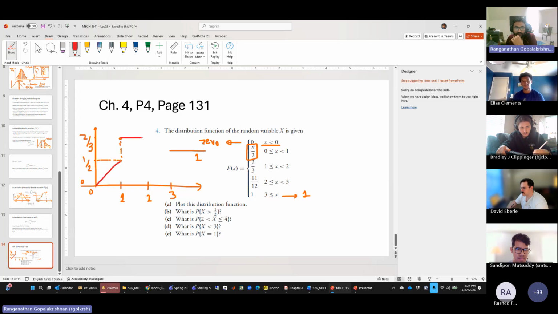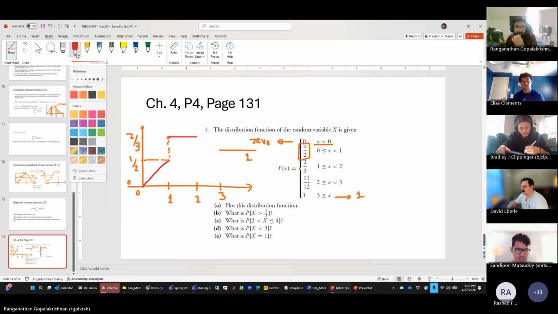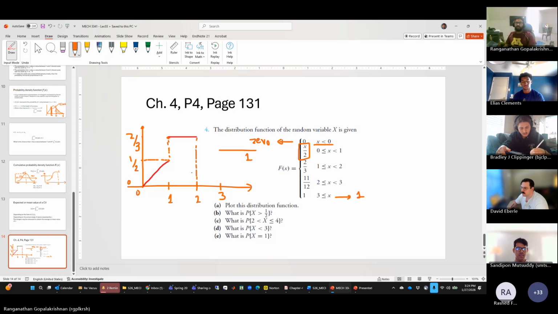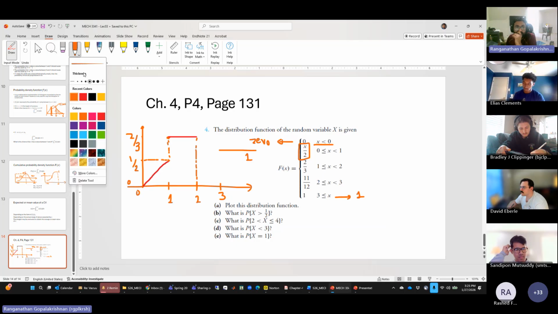And it stays at 2/3 until 2. And between 2 and 3, it stays at 11 twelfths. 11 twelfths is much closer to 1, so it should be somewhere here.